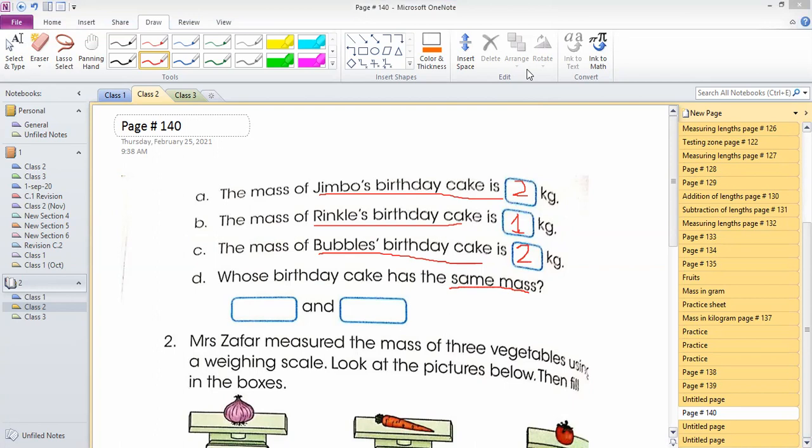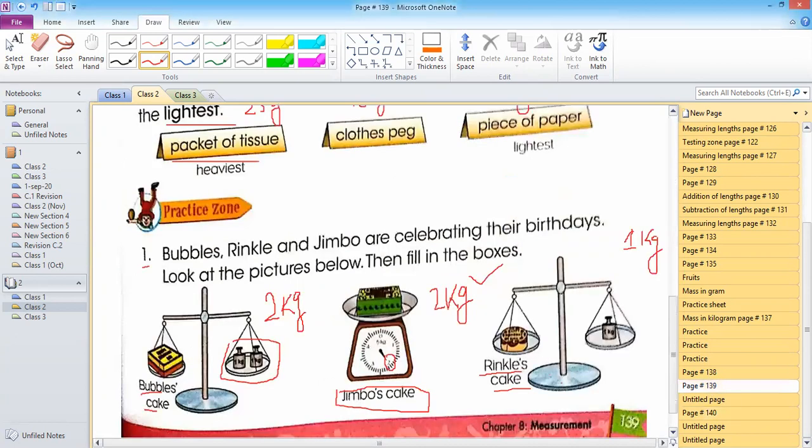Tell me in the chat box, guys. Jimbo, Wrinkle, Jimbo Bubble, Wrinkle Jimbo, or Wrinkle Bubble. So you can check here that Bubble and Jimbo.